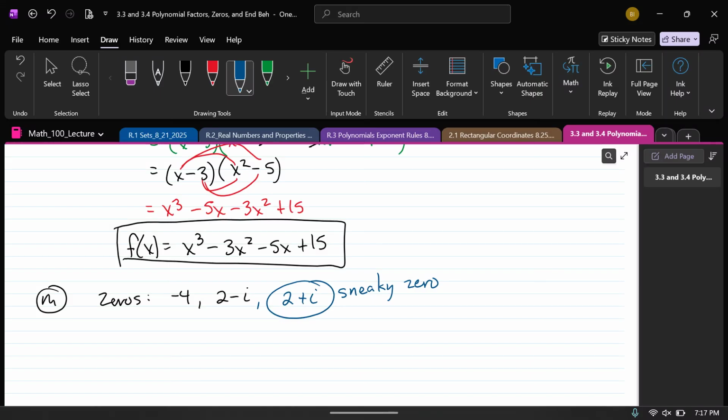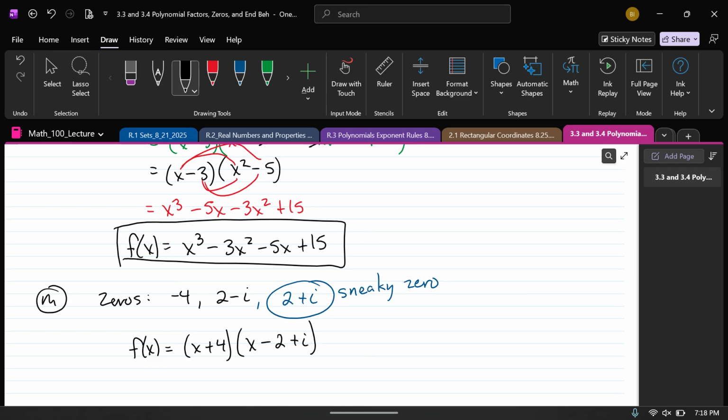So this one, a little bit more complicated as far as multiplying it out. Building the factors, though, is the key. The factor for negative 4 is just x plus 4. That's easy. The factor for 2 minus i is going to be x minus 2 plus i. Swap the sign on both.